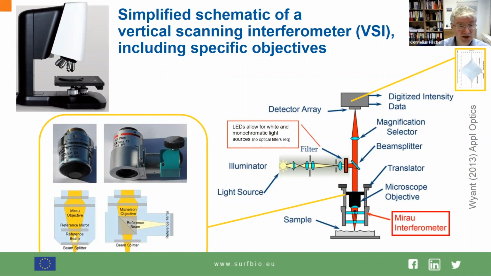It's a large working distance objective. The numerical aperture is quite low, and this will result in differences with respect to spatial resolutions. But sometimes you have to make a trade-off for one or the other. So what happens here with the detector is similar to what we have seen previously. Here, pixel by pixel, we analyze the interference pattern.